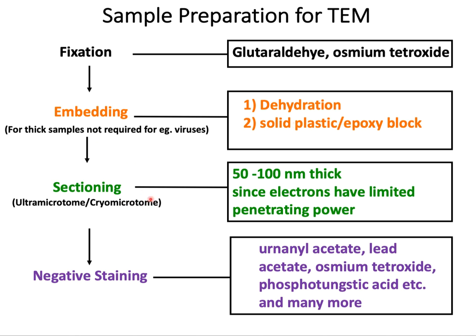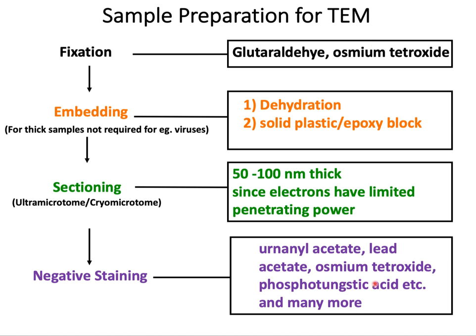Sectioning is done by a sophisticated microtome known as an ultramicrotome or cryomicrotome that gives sections of 50 to 100 nanometers in thickness. After sectioning, the samples are stained with heavy metal stains such as uranyl acetate, lead acetate, phosphotungstic acid, and osmium tetroxide, which can also be used as fixative as mentioned earlier.